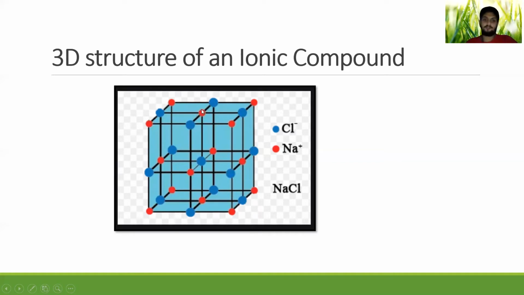For this red ball, you can see how many chlorines are attached: 1, 2, 3, 4. So imagine the amount of electrostatic attraction between them. That's why we said they have very strong ionic bonds. You don't see this in 2D structures, but if you draw it in 3D, you are able to visualize it.